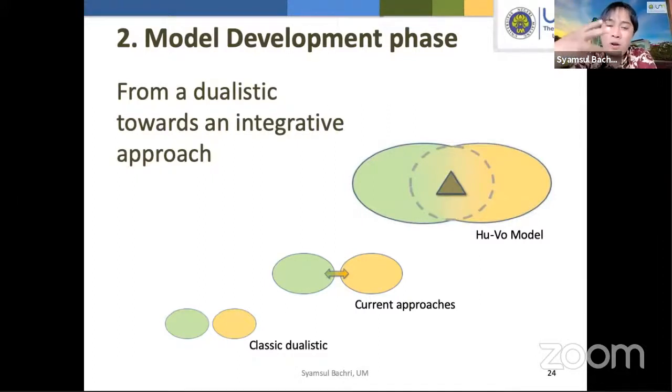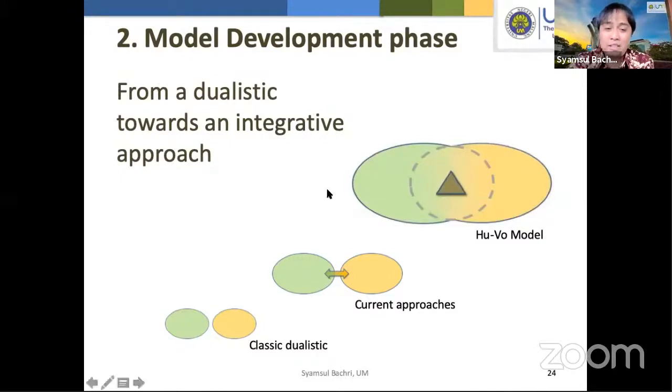So when you want to develop something, for example tourism in your country, you should really understand how they interact, the physicals, the socials, and how the phenomenon itself exists between the interactions. So this is basically how I developed this model from a dualistic toward an integrative approach.